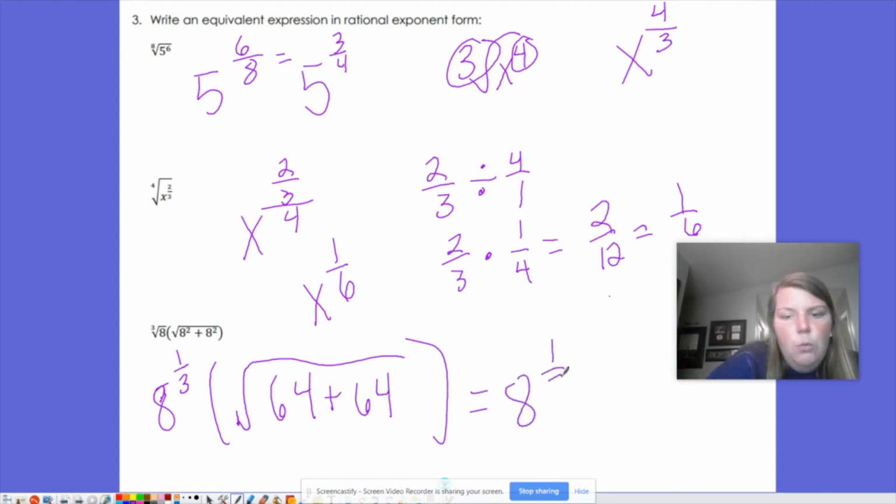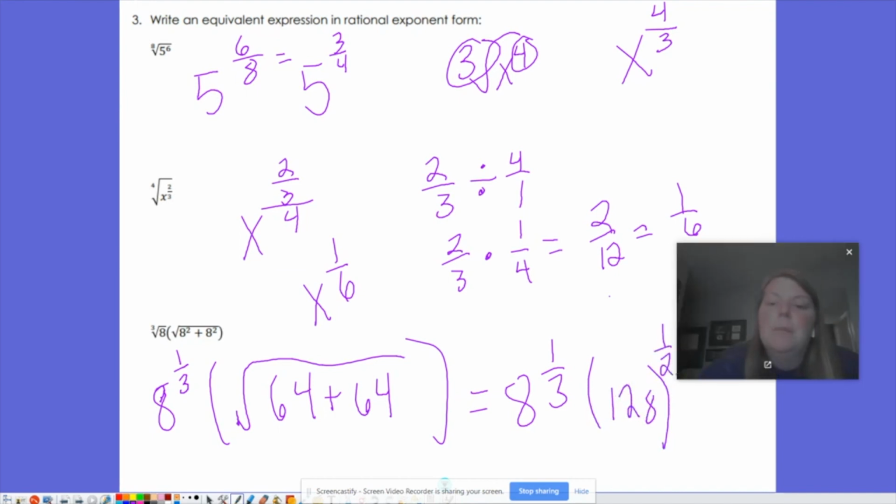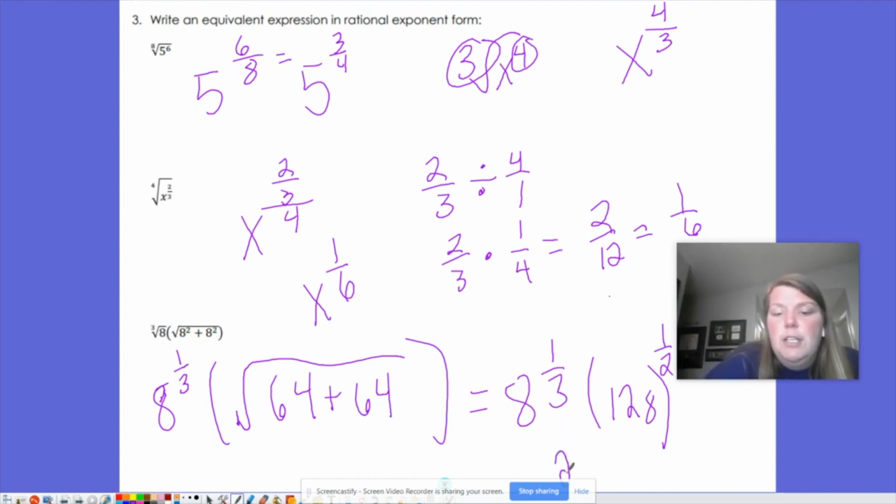So we have 8 to the 1/3, and then 64 and 64 would give us 128 to the 1/2 power. Now, firstly, 8 to the 1/3 power, that's the same thing as the cube root of 8, which is just 2. And then the 128 to the 1/2, I'm just going to leave that like it is. And that's as simple as we can get that.